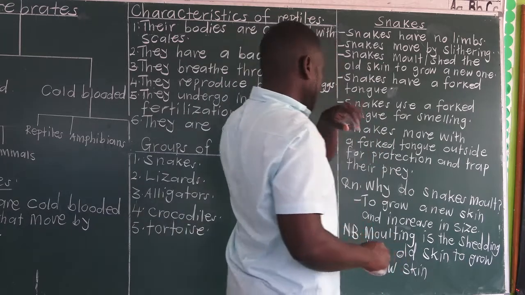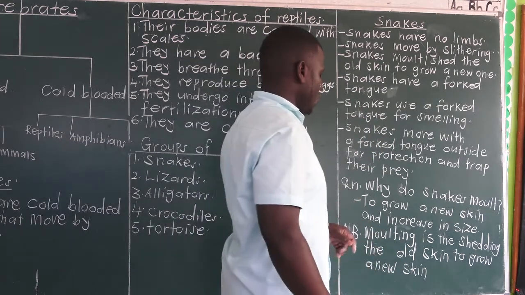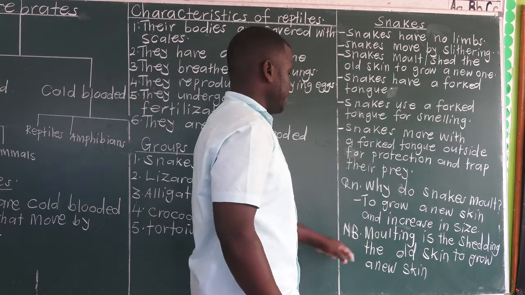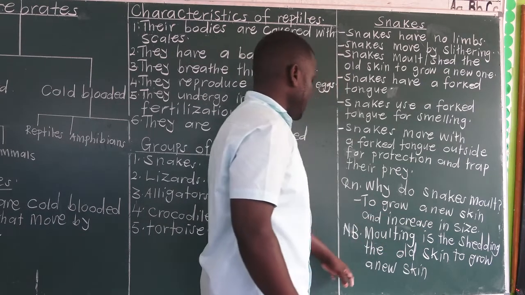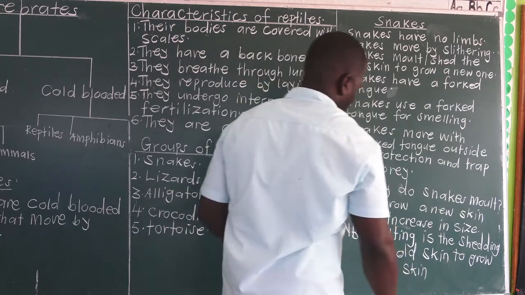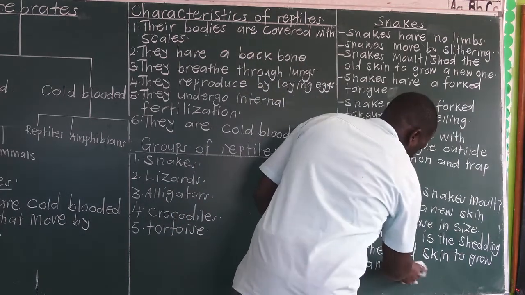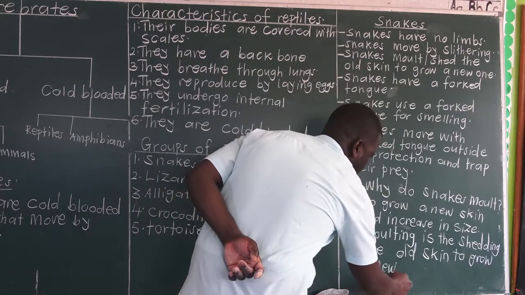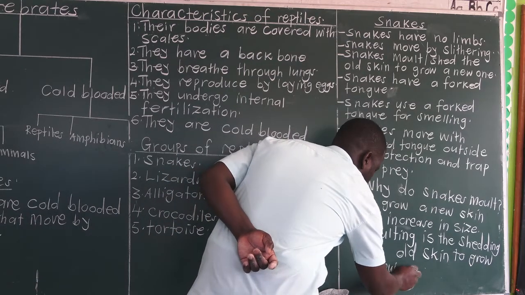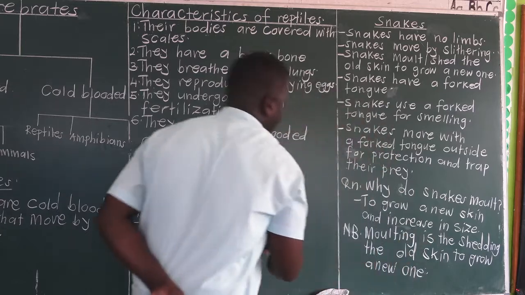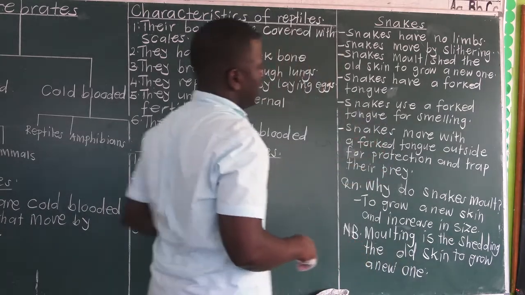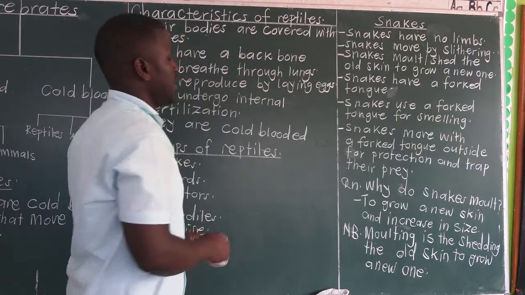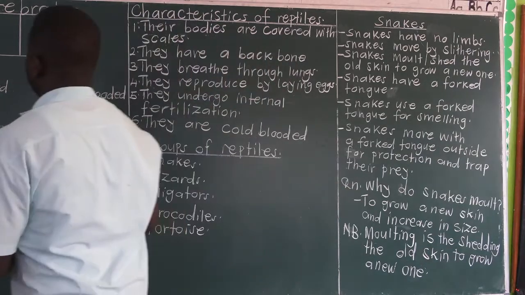Animals like snakes, even insects, also molt. The reason why they molt is to grow a new skin and increase in size. As simple as that. If they ask you why snakes molt, it is to grow a new skin and increase in size.